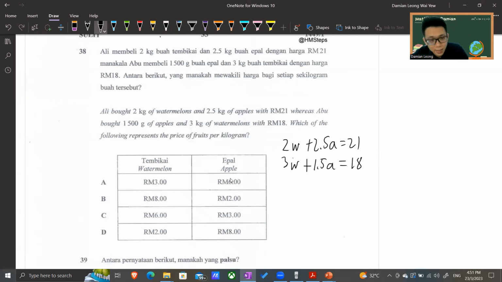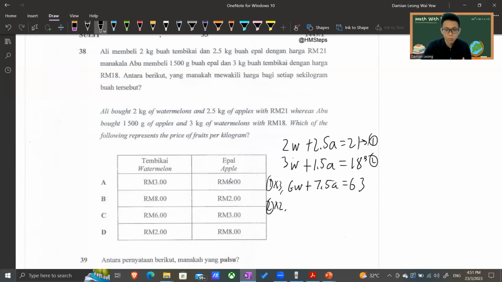So this basically is a simultaneous equation. How you want to solve is up to you. You can use substitution, elimination also can. So let's say I take equation 1 and equation 2. Equation 1, I times 3. So 3 times 2w, 6w, plus 7.5a equals 63.